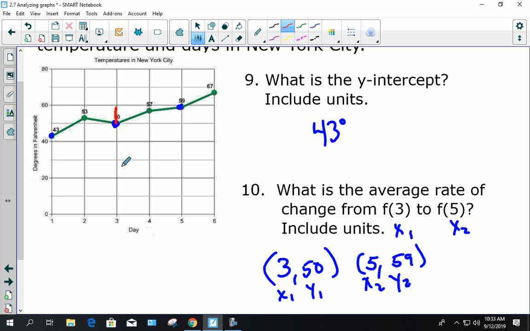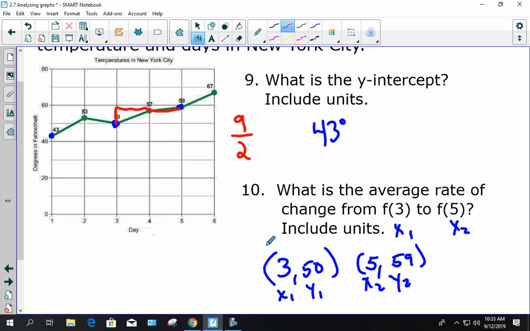How much is that up? I went from 50 to 59. It's 9. You go up 9. And then how many do I go over? 1, 2. So it's 2 over 9.